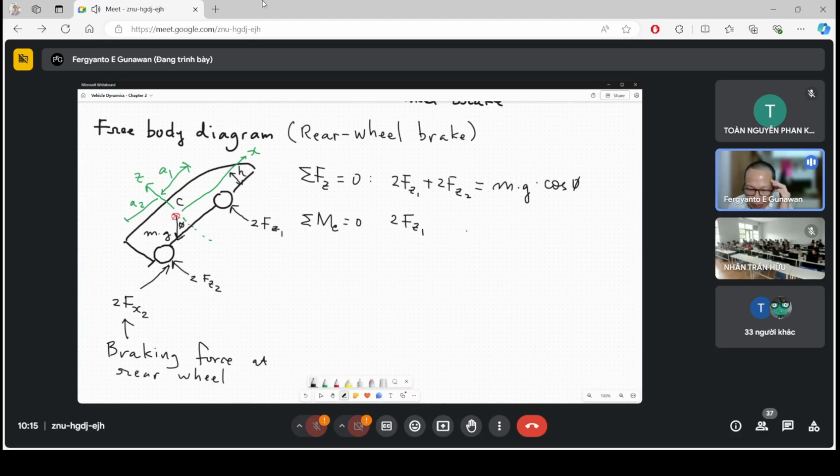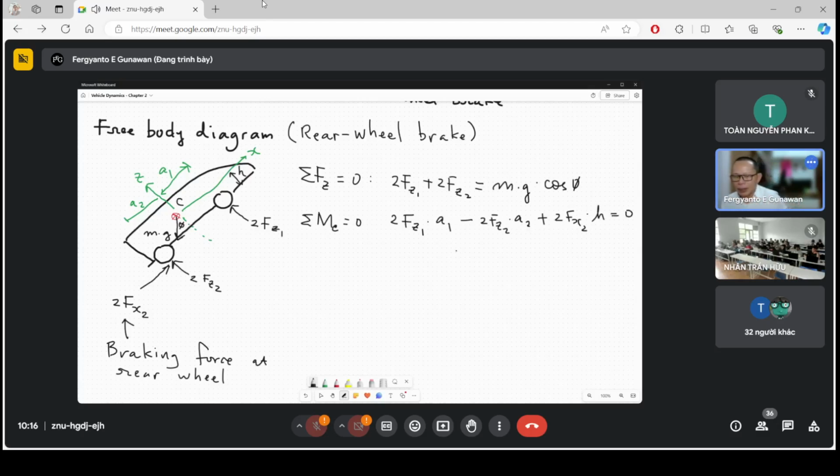So we have 2Fz1 multiplied by a1 this way, and minus 2Fz2 multiplied by a2, right? This direction gives a moment in this direction. This side goes this way, and this one goes that way. So we say plus 2Fx2 multiplied by h equals 0, right?